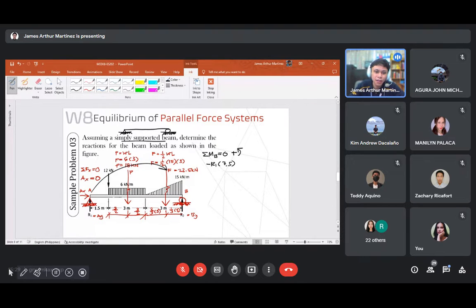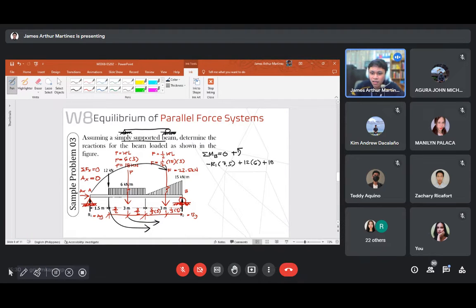How about this concentrated load of 12 kilonewtons? So 12 kilonewtons with respect to point B will rotate counterclockwise, therefore plus. So plus 12 times the distance, which is 6 meters. Then the equivalent concentrated load of this uniformly distributed load is 18 kilonewtons, and that will tend to rotate counterclockwise as well.